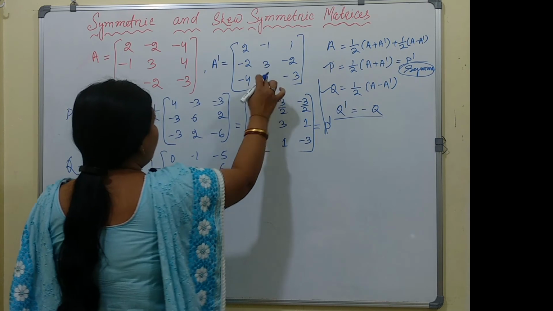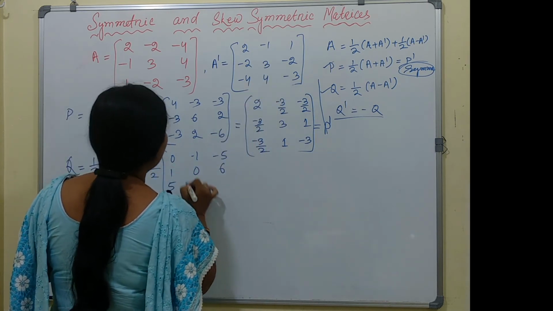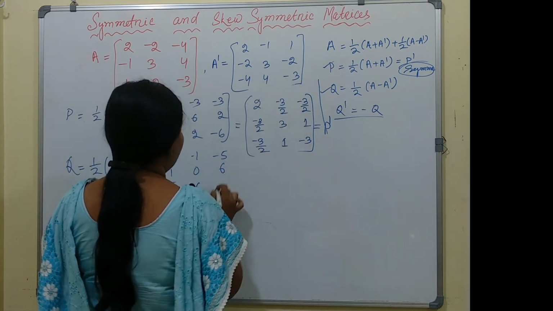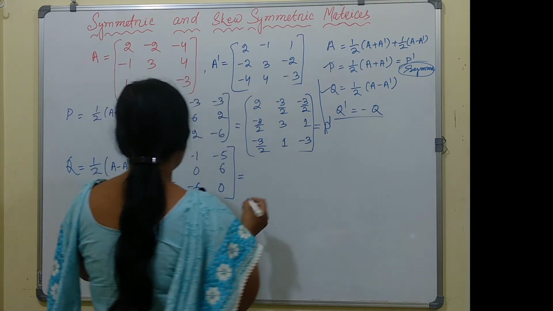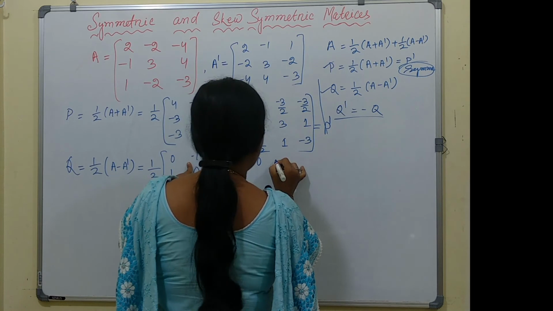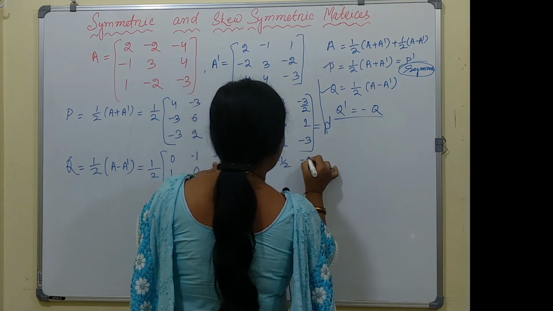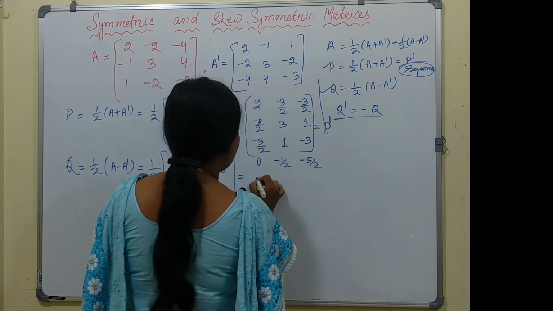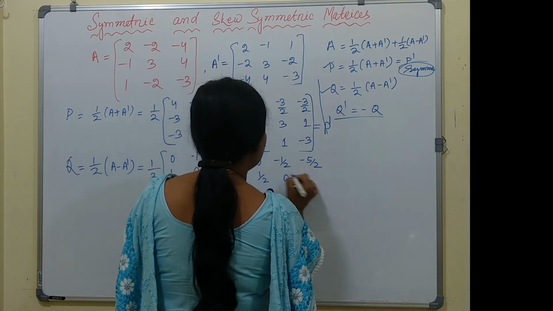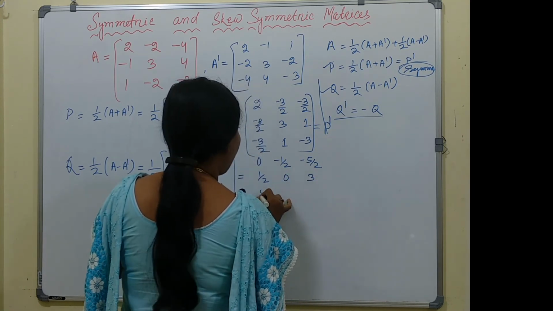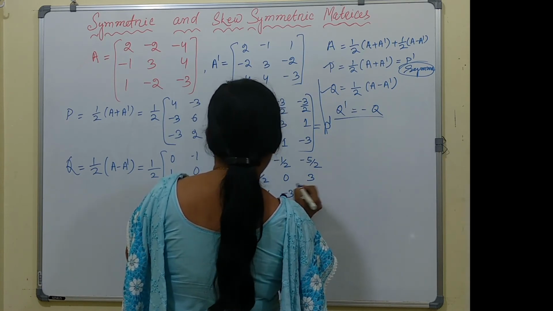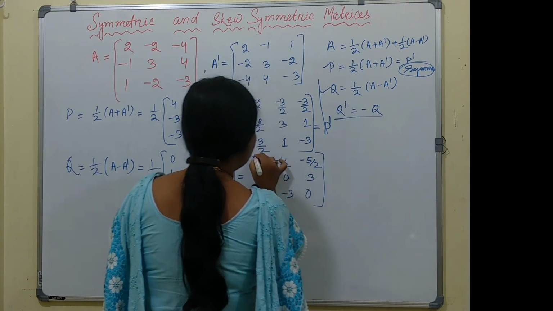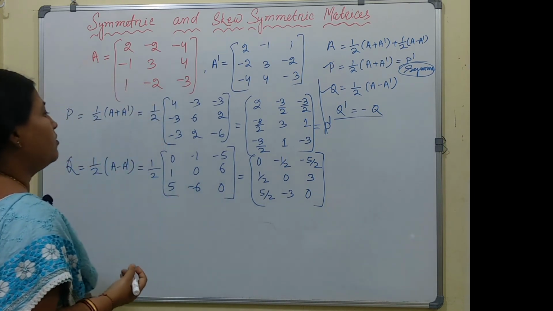Minus 2 minus 4 is minus 6. Minus 3 plus 3 is 0. Now we get here Q is equal to 0, minus 1 by 2, minus 5 by 2, 1 by 2, 0, 3, 5 by 2, minus 6 by 2 is minus 3, 0. Now we get the value of Q.